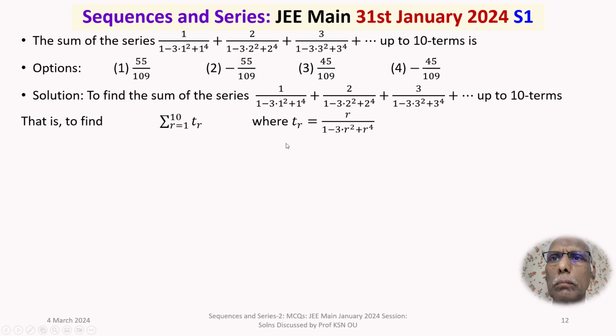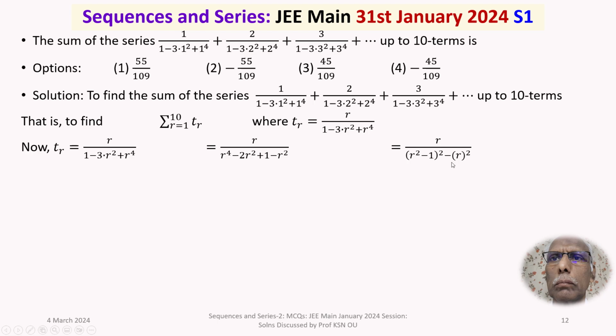So let's analyze term T_r still further. The denominator we have written as r to the power of 4 minus 2r square plus 1 minus r square. So we have adjusted 2r square minus r square is 3r square. The r to the power of 4 minus 2r square plus 1 in the denominator is r square minus 1 whole square, minus r square, which is r whole square.